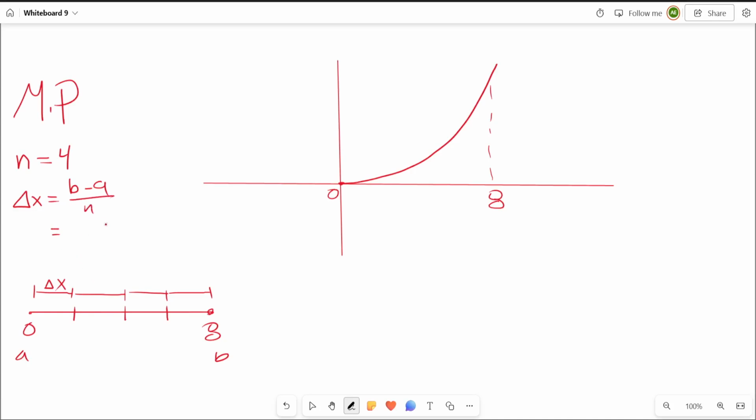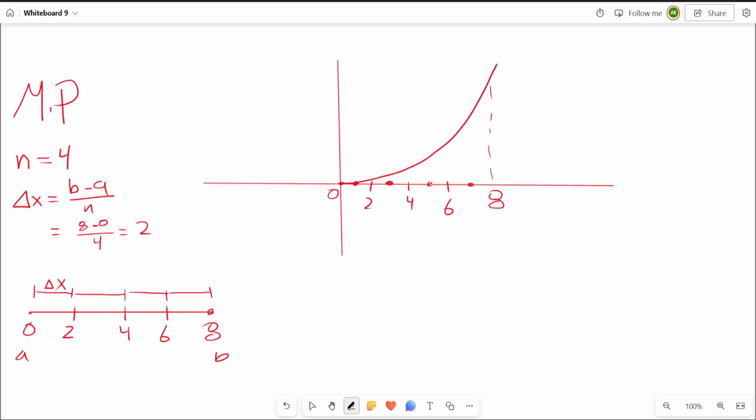So delta x is going to equal 8 minus 0 over n, which is 4. So 8 over 4, so 2. So delta x is 2. So every single interval increases by 2. So if this is 0, then this is 2, 4, 6, and then this is 8. The midpoint rule tells me that I will take my rectangles at points in the midpoint of the interval.